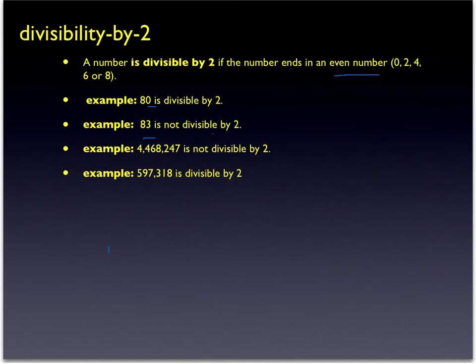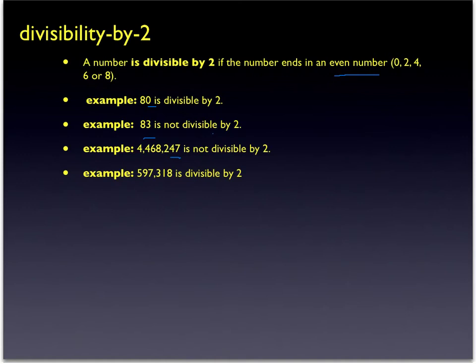Sorry, I keep marking stuff here. Okay. And in our next example, we have 4,468,247, which is not divisible by 2 because 7 is odd in the ones place. So it's not an even number.